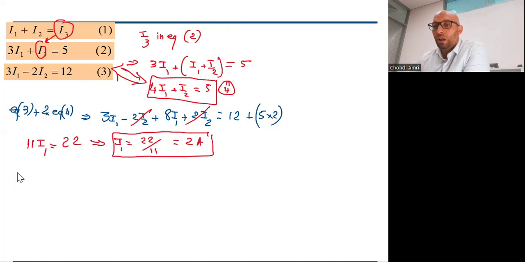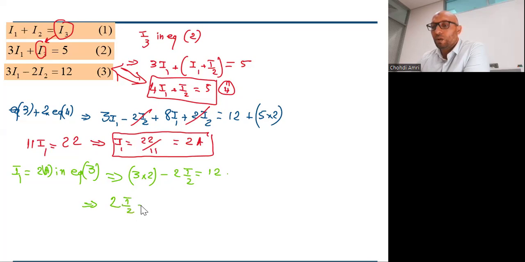So here I1 equal 2 ampere in equation, for example, 3. We're going to get 3I1, that means 3 times 2, minus 2I2 equal 12. So that means 6, and here we have 12, so it will be minus 6, and we can write 2I2 equal minus 6.